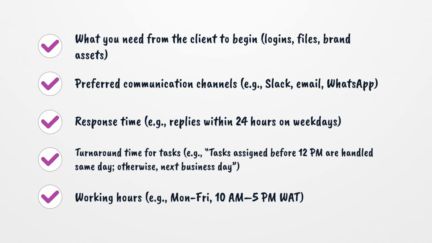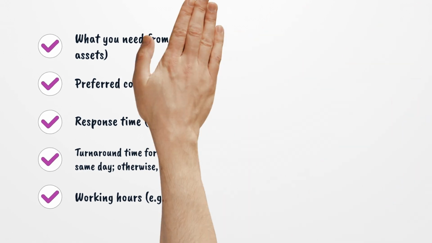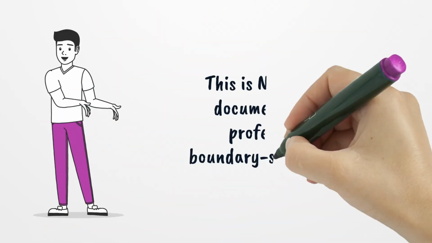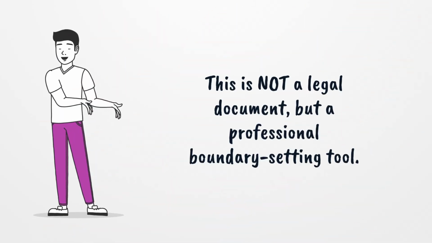Turnaround time for tasks, e.g., tasks assigned before 12 p.m. are handled same day, otherwise, next business day. Working hours, e.g., Monday through Friday, 10 a.m. to 5 p.m. West Africa time. Emergency procedure: how to handle urgent changes. This is not a legal document, but a professional boundary setting tool.